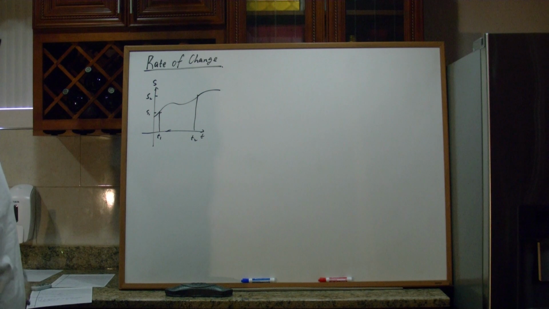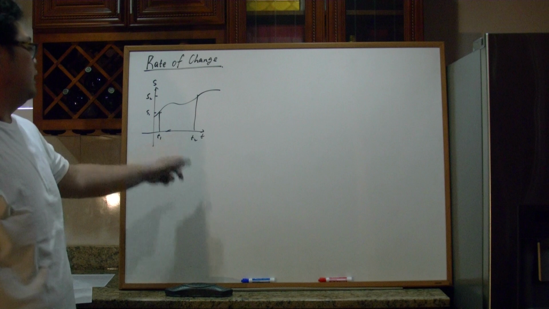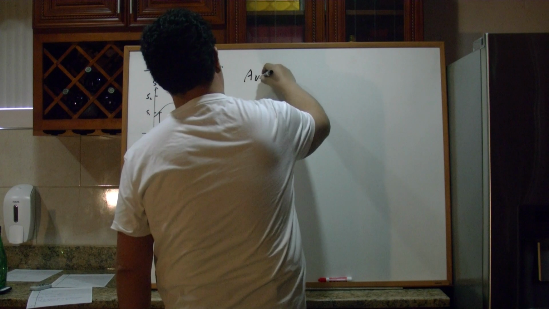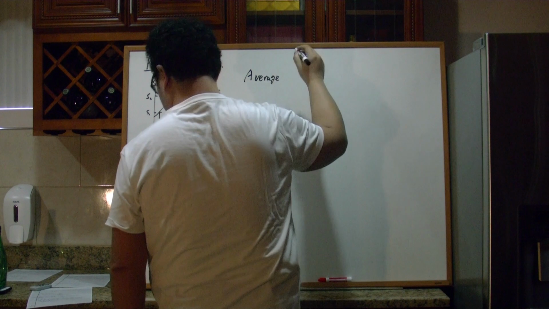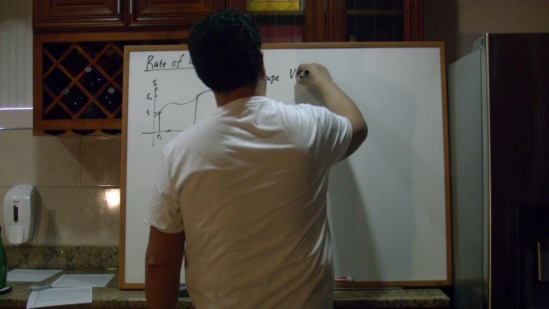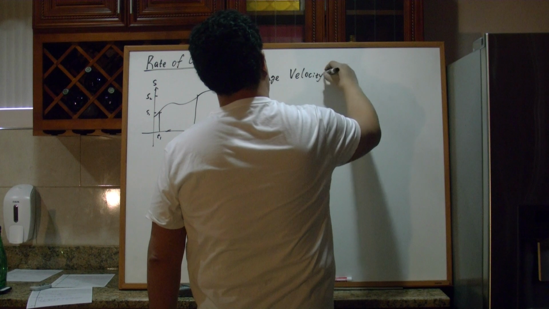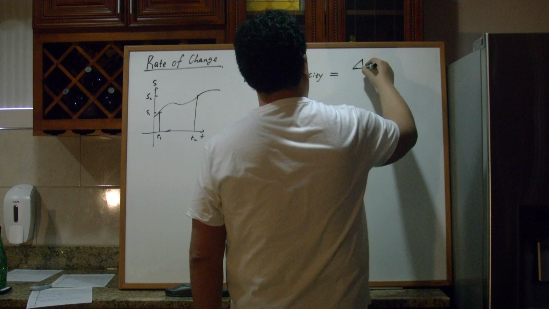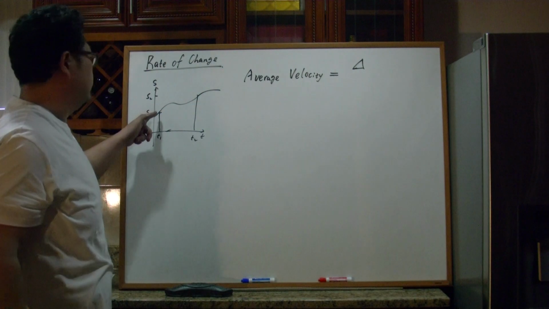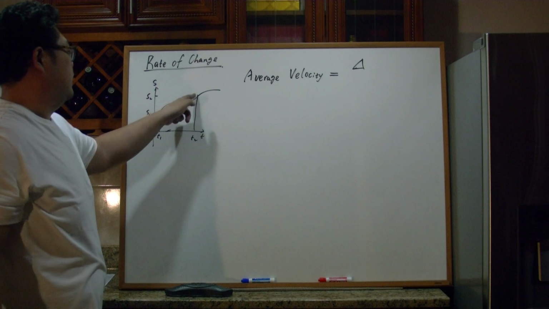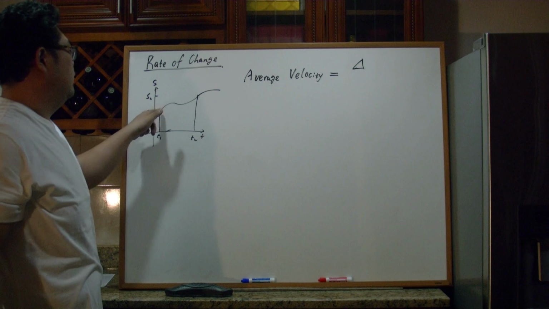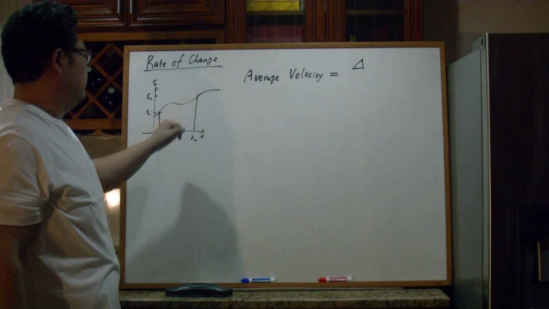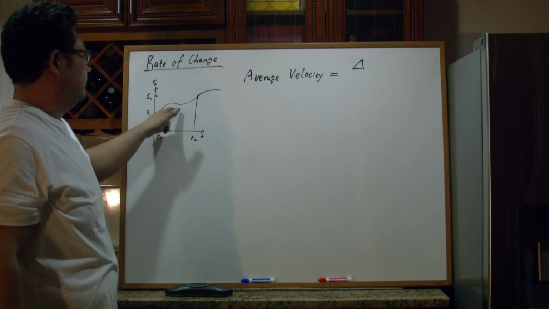Then we have S1, S2, T1, T2, and first of all, our average velocity. This, by definition, is the velocity on the average path. Along the path, we have S1 and S2, that is the distance or displacement, moving this way.